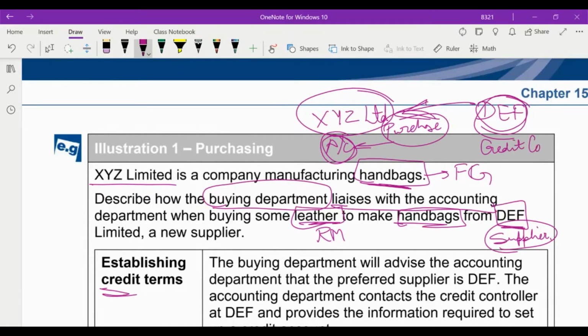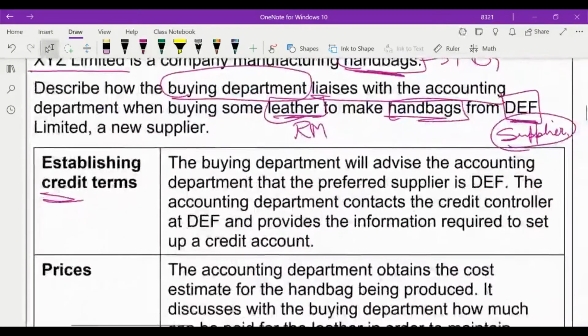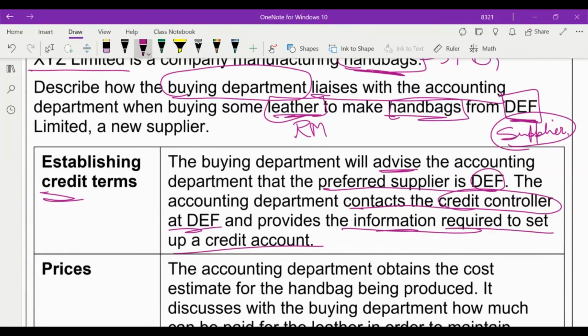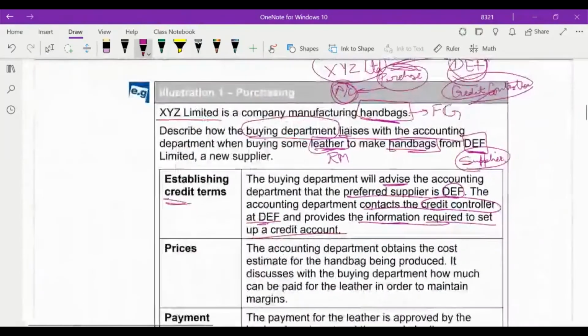So credit controller will take decision regarding how much of credit and how much of credit period is to be granted to XYZ Limited according to XYZ Limited's previous performance, financial position, and so on. There are many things. So the buying department will advise the accounting department that the preferred supplier is DEF. Obviously, yes. The accounting department contacts the credit controller of DEF and provides the information required to set up the credit account. That's fine. I guess you were able to judge it.